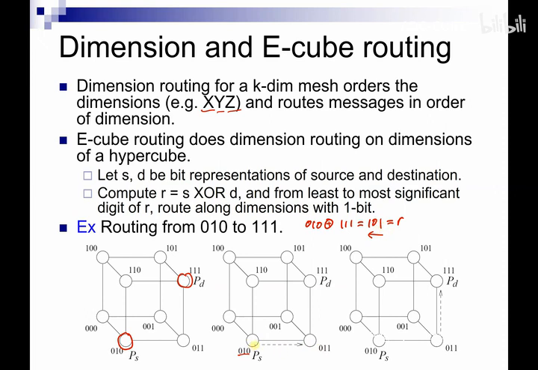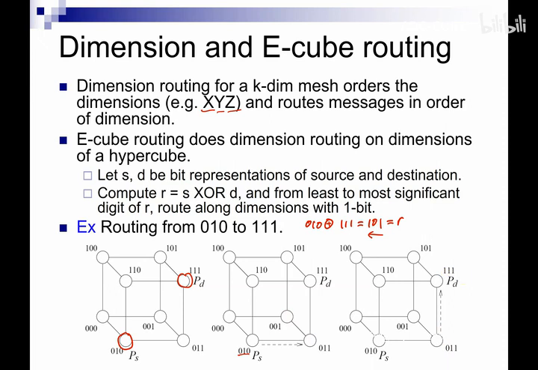And then we have a 0 in the second digit, so therefore, you don't need to do anything for that dimension. And then finally, for the third dimension, you have another 1, and so therefore, in the third dimension, we also need to go from 0, 1, 1 to 1, 1, 1.